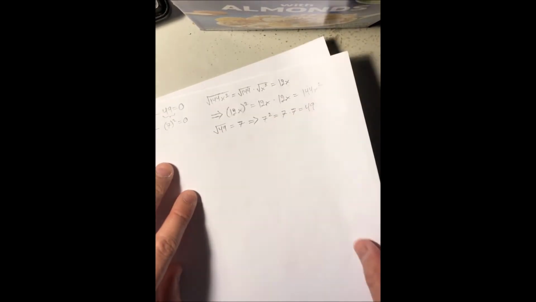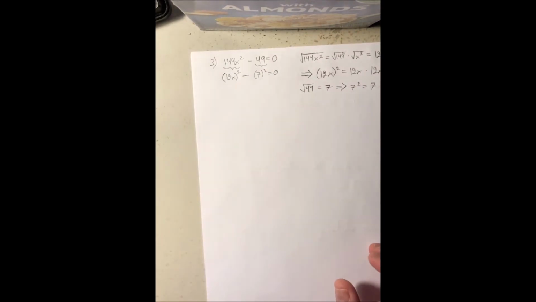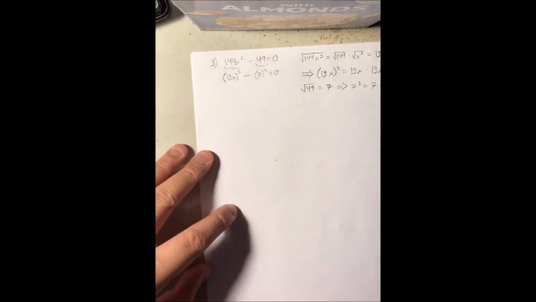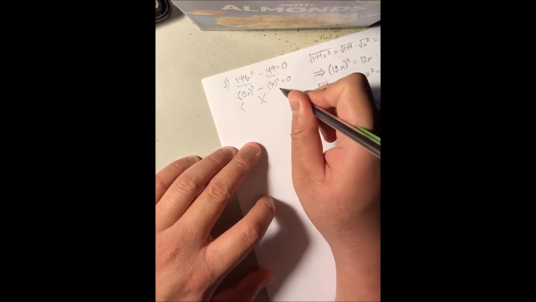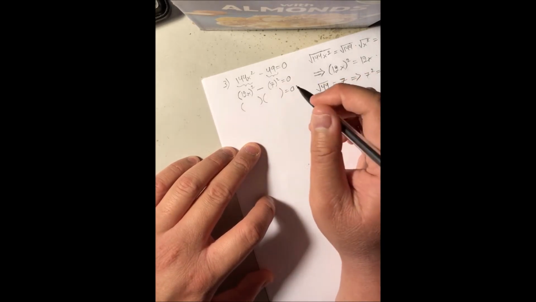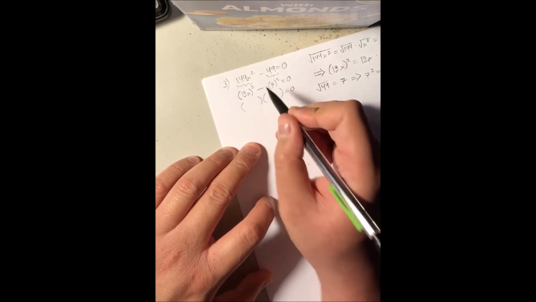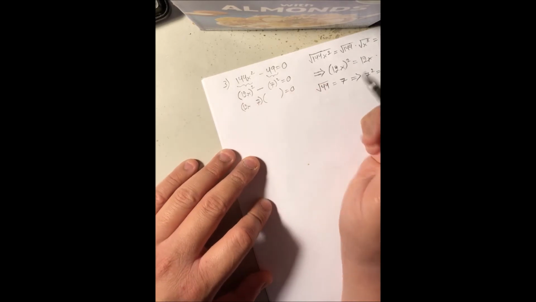But hey, guess what? If you guys recall the special case factoring of quadratic equations, whenever you have the difference between two perfect squares, you're going to have a set of binomial factors. In the first set, you're going to have these two terms, and then 7 over here. Hopefully you guys can see that.